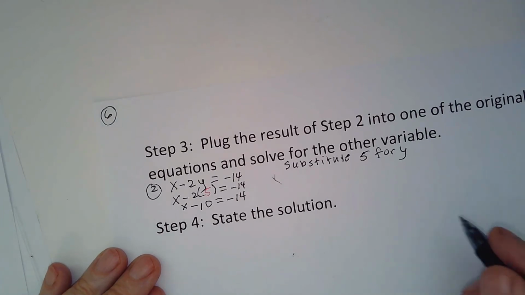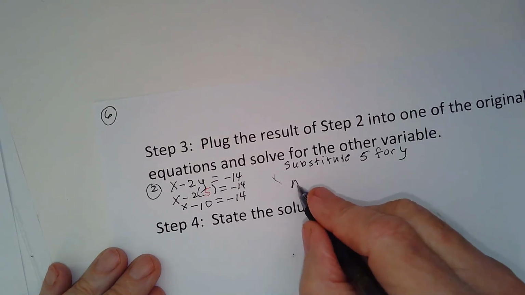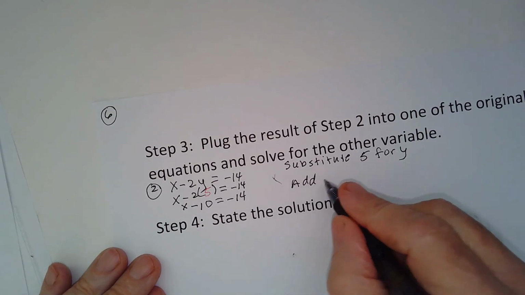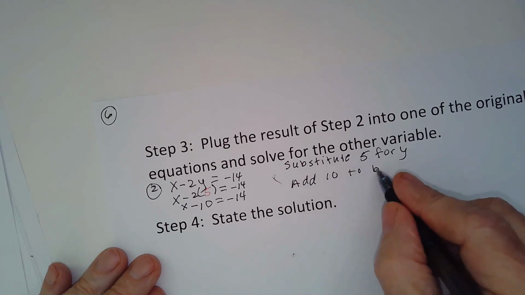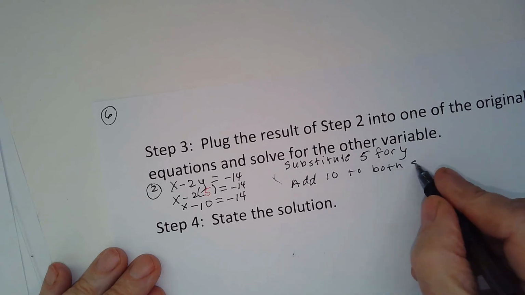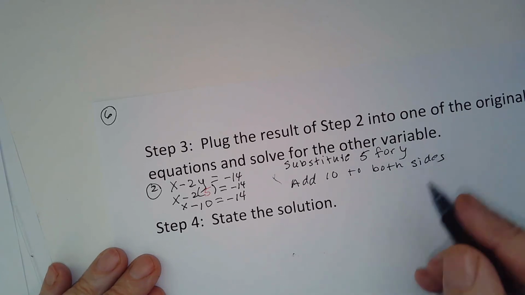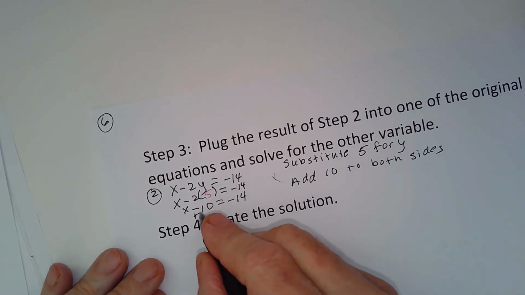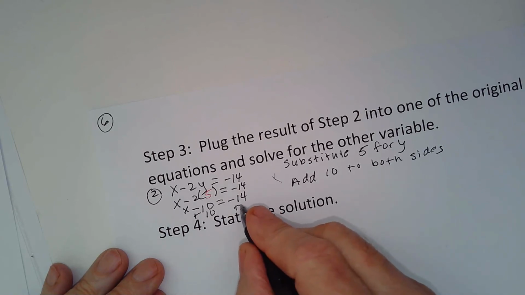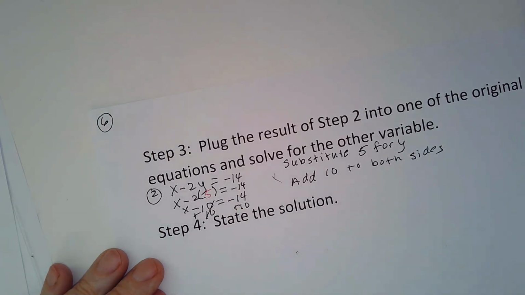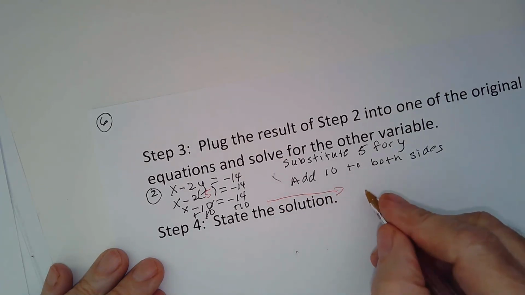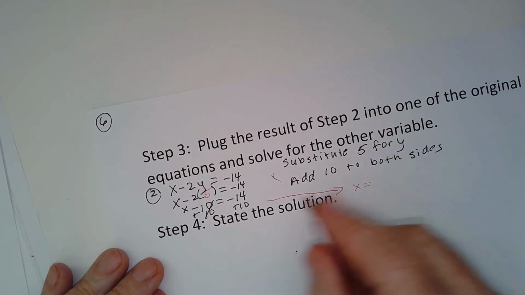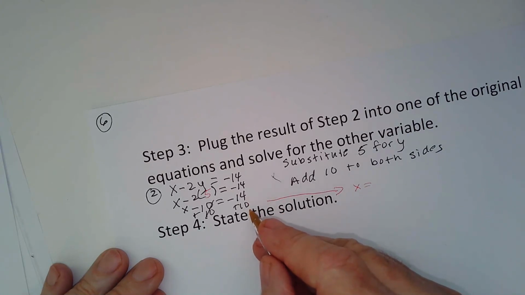And then we just need to add 10 to both sides. And of course, when we do that, the 10 and negative 10 cancel, and we get x equals negative 14 plus 10, which is negative 4.